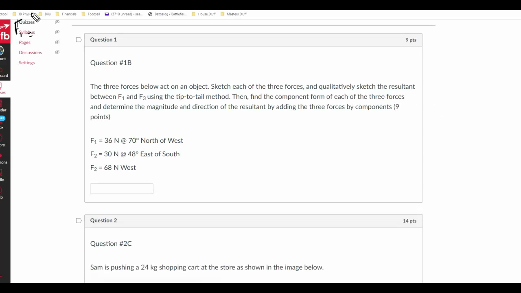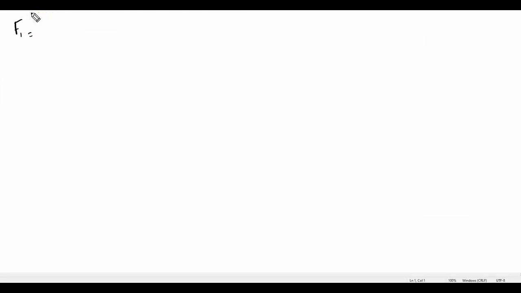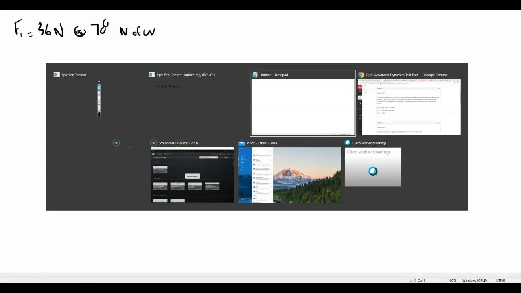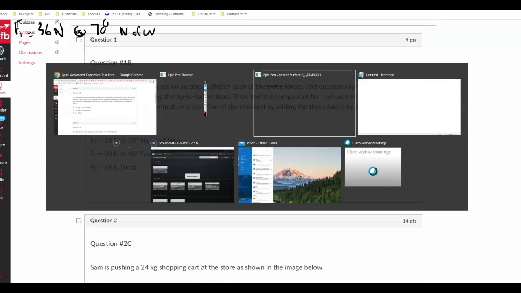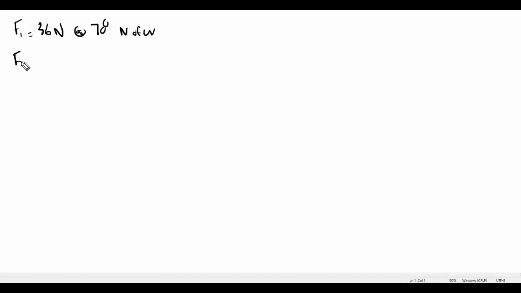F2 is 30 newtons, 38 degrees east of south.